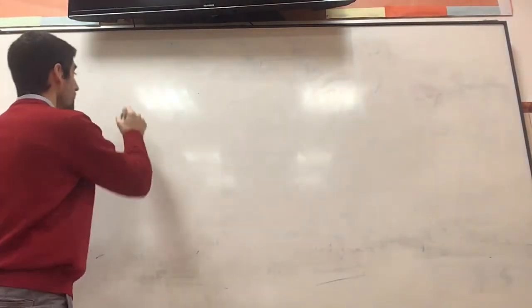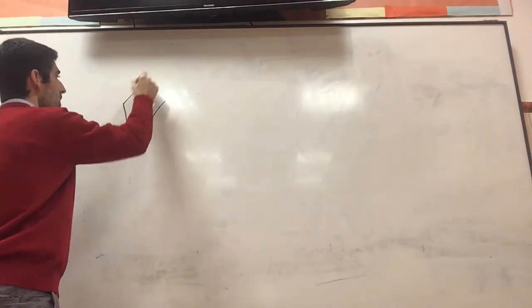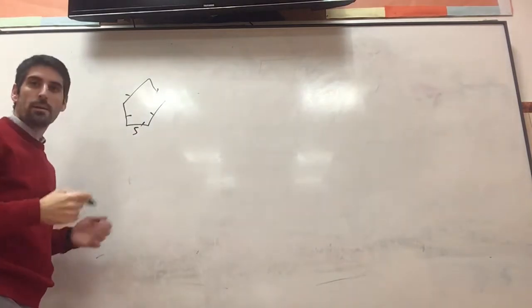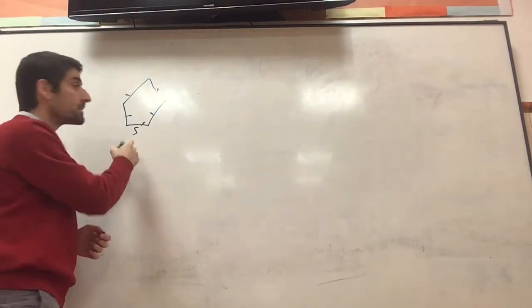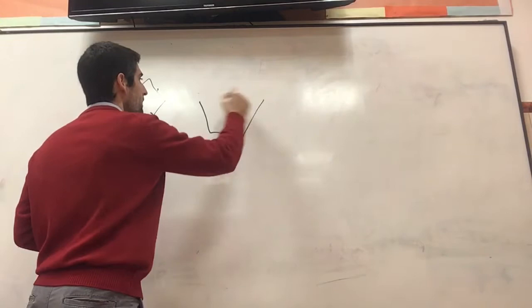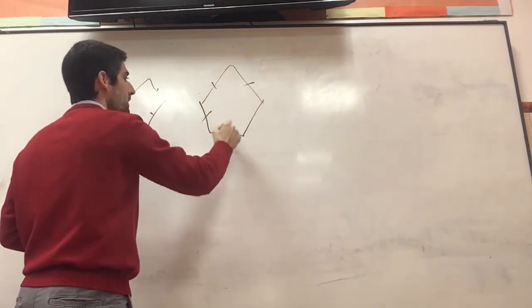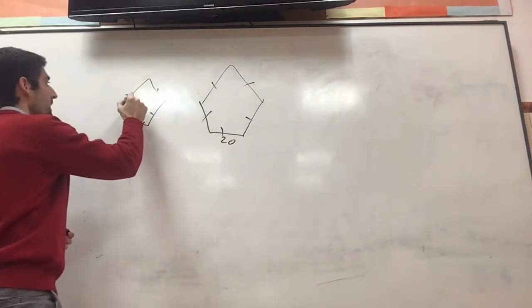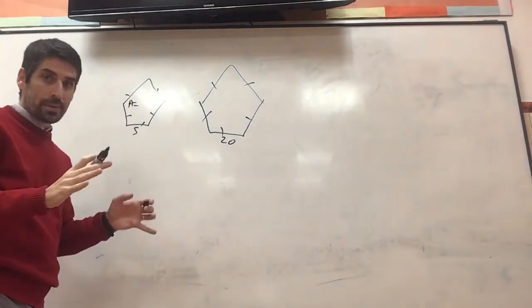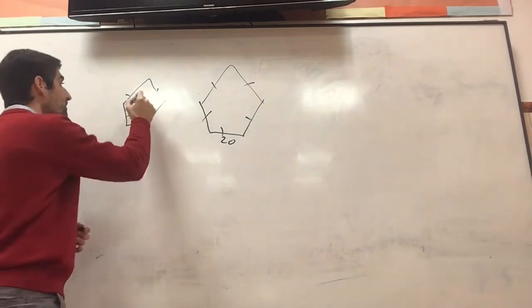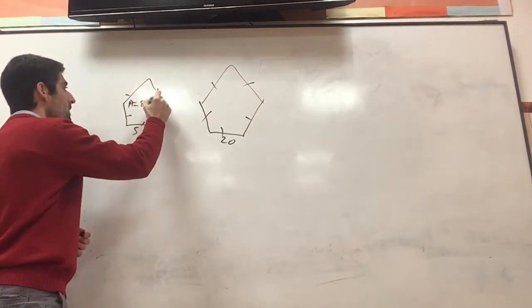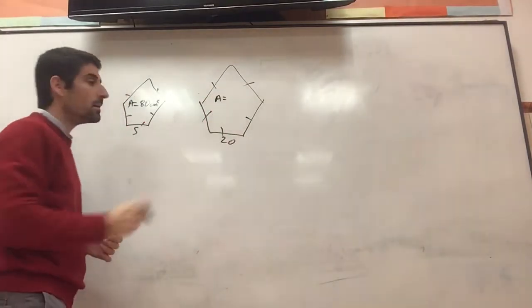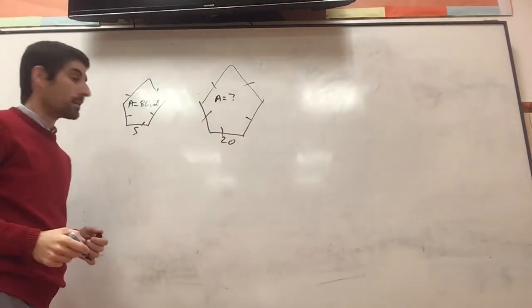So I might have a regular pentagon there, side length is 5, I may have a bigger pentagon where this is 20, and the area here, I'm going to make the numbers up, is 80 centimeters squared. Find the area of the big pentagon.